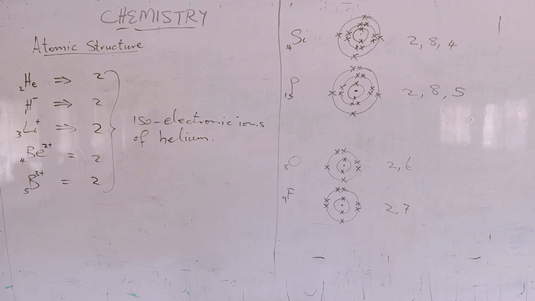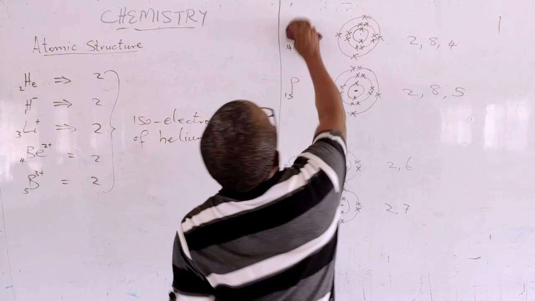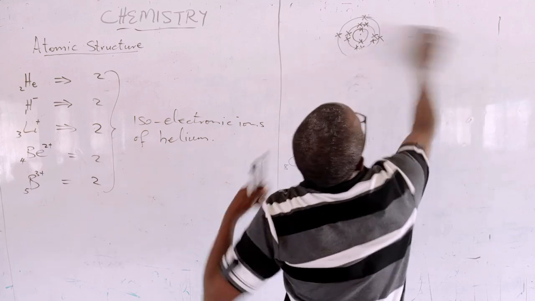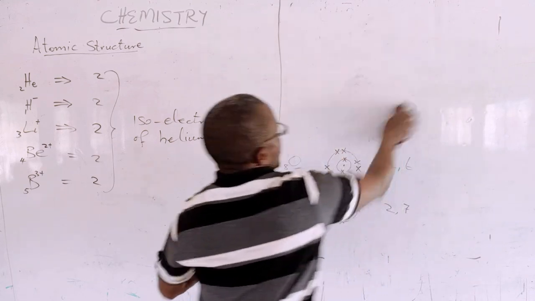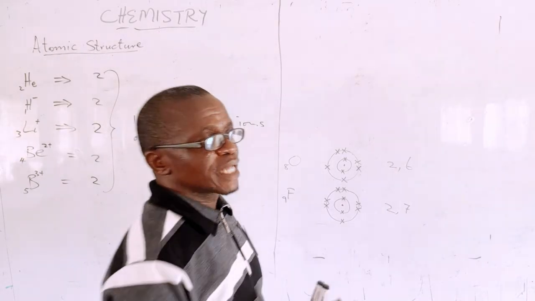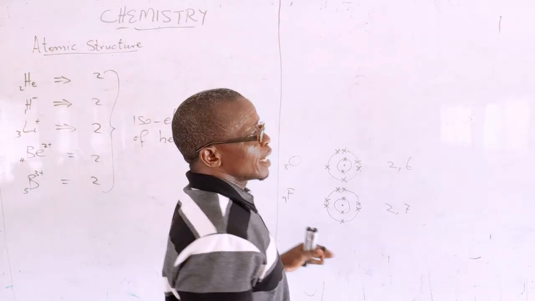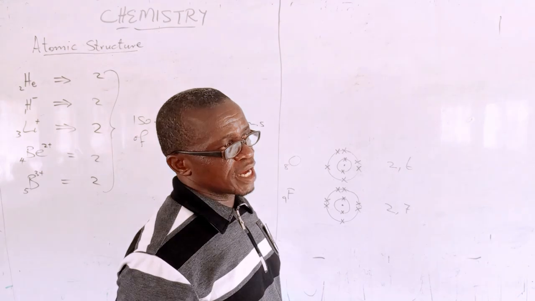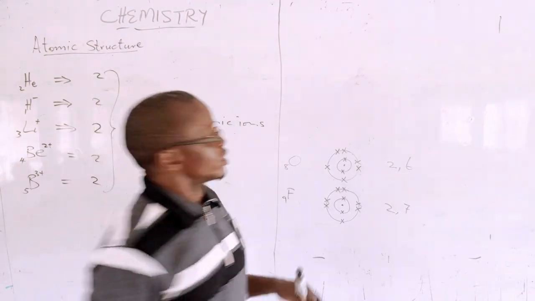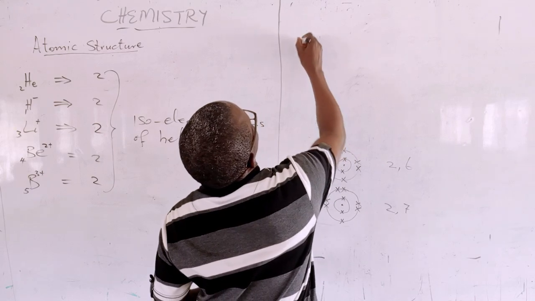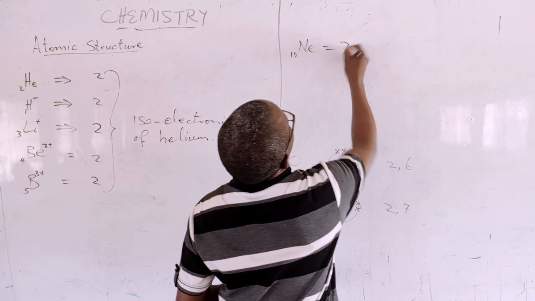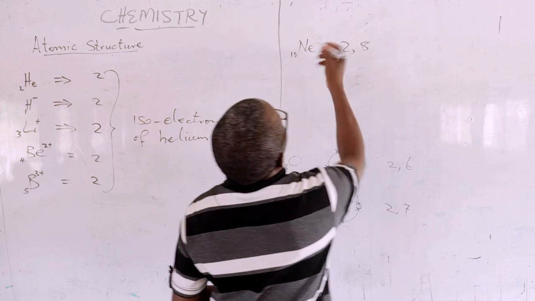We can still move forward to talking about the isoelectronic ions of neon. The examiner can ask you to write isoelectronics of neon. Neon, atomic number 10, is 2 and 8.